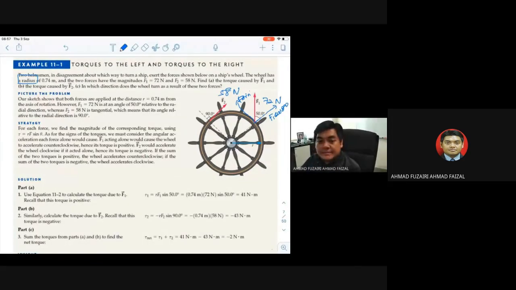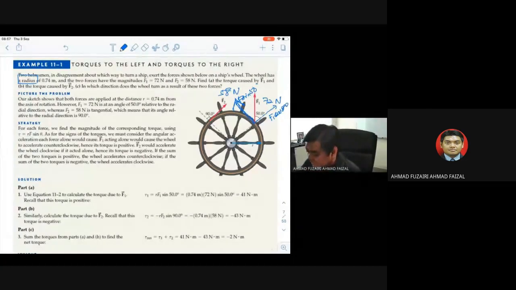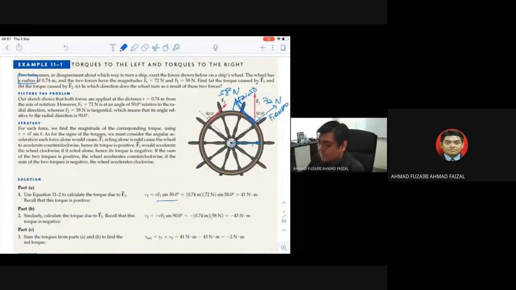Which one to take? We must make sure the torque always equals the component of force that is perpendicular. Where is the perpendicular? This one only. Right, so F sine 50. That's why they obtain R F sine 50.